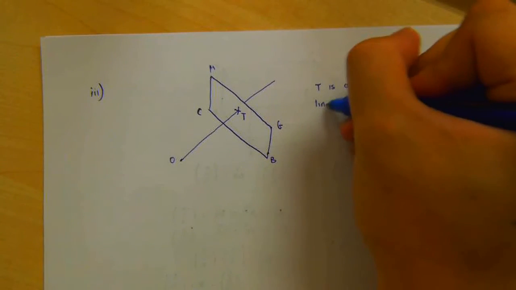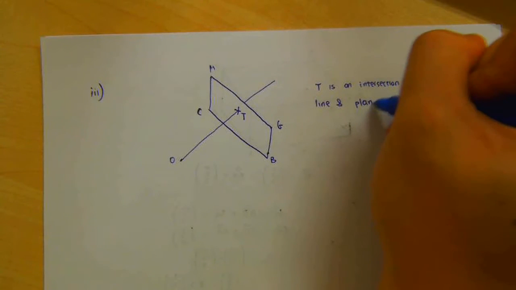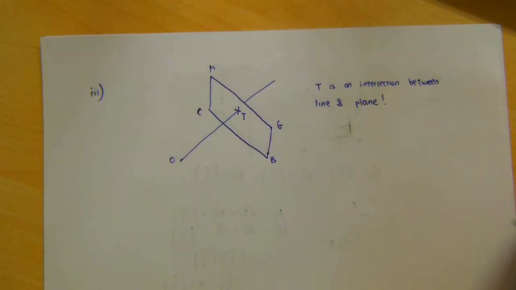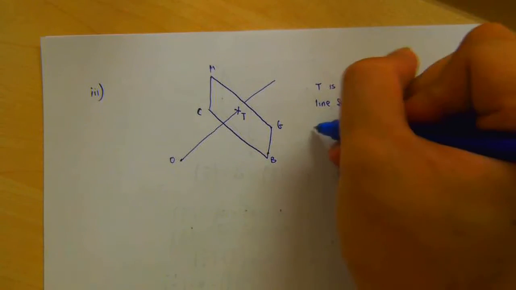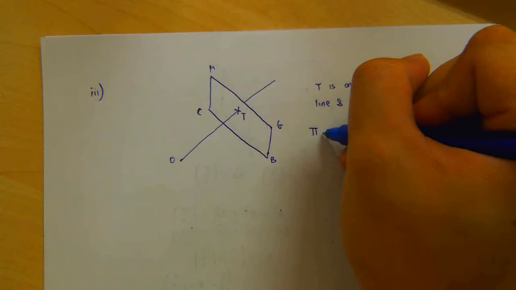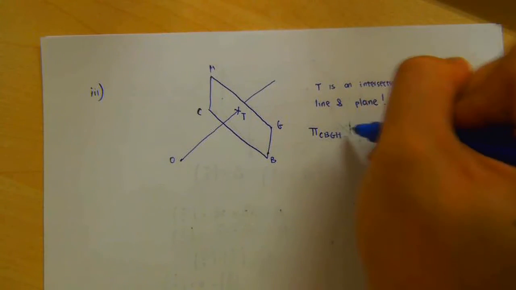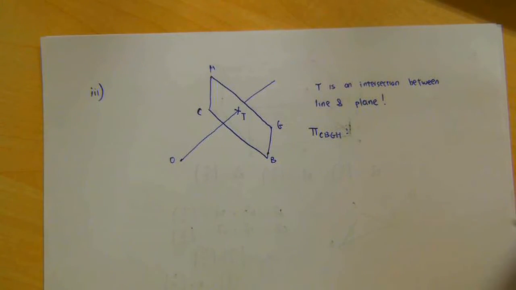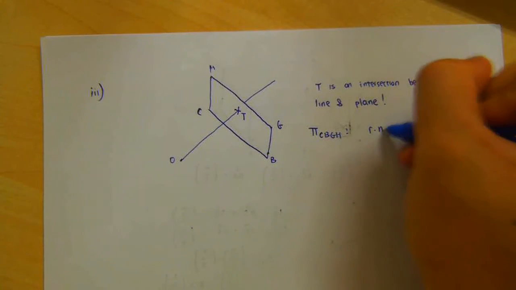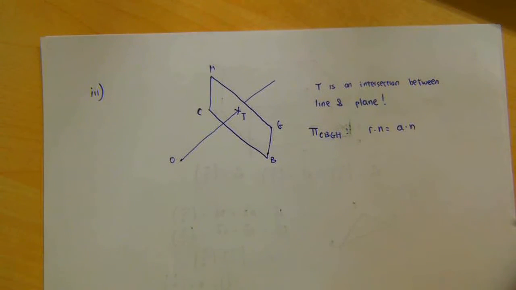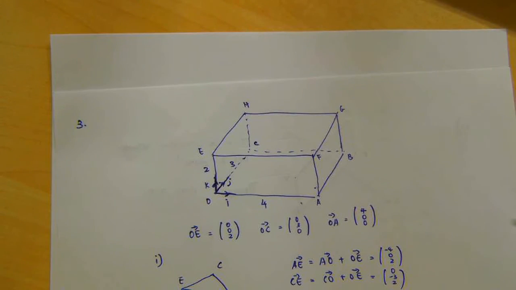And from our lecture we learned to find this intersection. Basically we just need the equation of the line and the equation of the plane. So first we need to find out the equation of plane CBGH. Again, we'll use the scalar product formula r dot n equals a dot n. So the normal to CBGH, we shall refer back to our diagram.